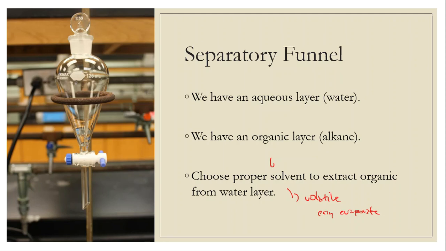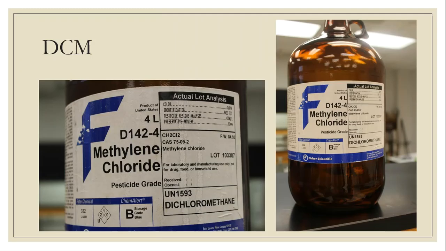If I can pick a solvent that will grab the alkane, remove it from the aqueous solution, let me set it on maybe a hot plate on a really low temperature and let it evaporate off completely very easily, then this is a perfect organic extraction solvent for me. And that perfect organic extraction solvent is methylene chloride.